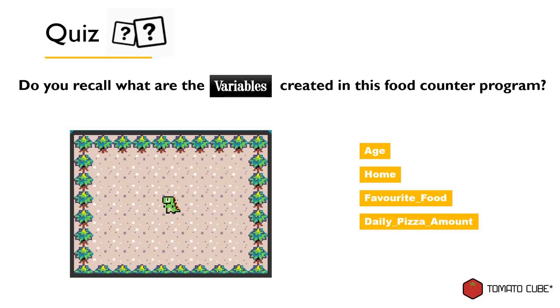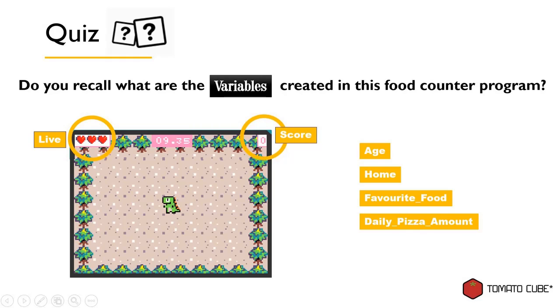And do you know that besides these 4 variables, there are other variables that have been created by the system that we can use? Some of the common ones are the lives variable, a score variable, and a countdown variable. We don't have to create these variables explicitly.